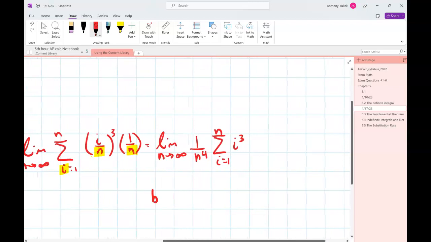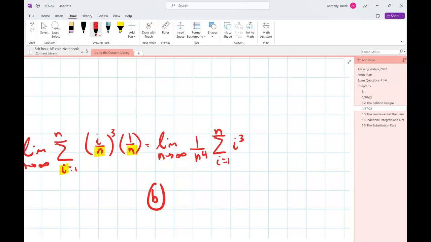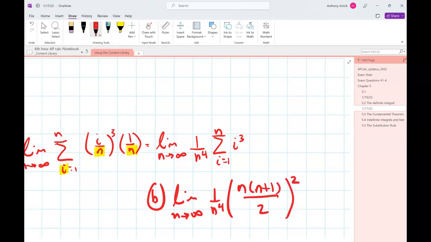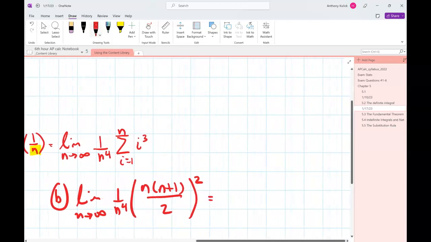Because in part B, they give you the formula. So all I'm going to do in part B is drop in my formula for the sum of i cubed. And then we're just going to evaluate this.